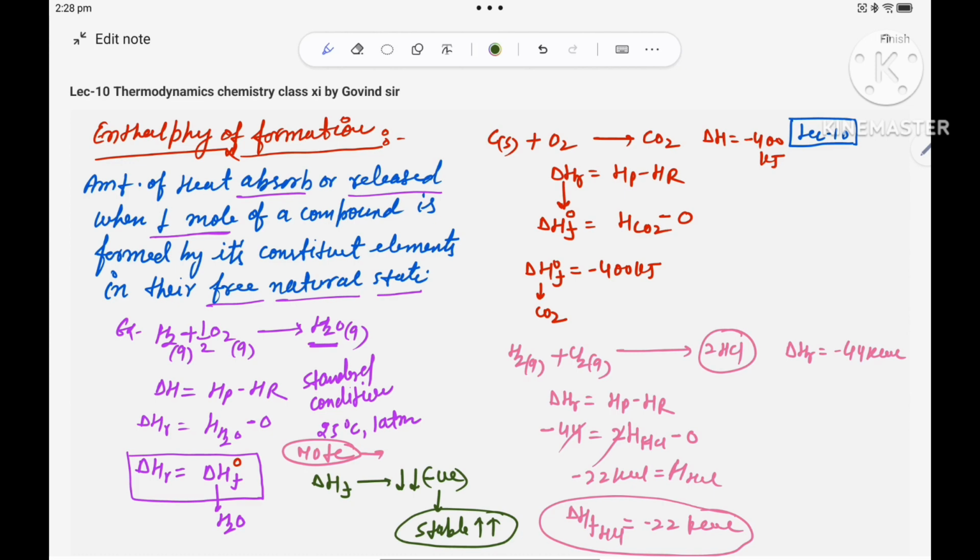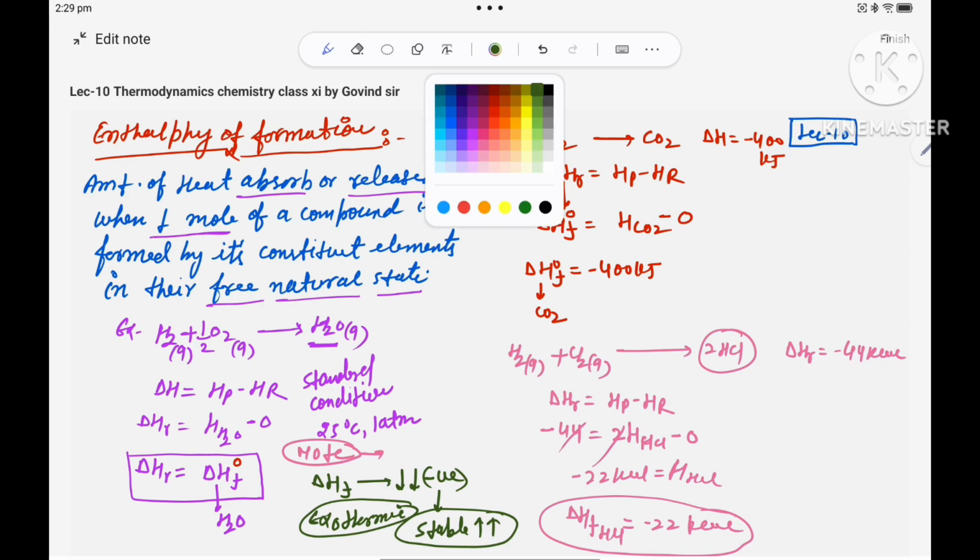So the more energy lost, the more negative the enthalpy of formation, the more stable the state. This is for exothermic reactions, because only in an exothermic reaction is energy released. Okay, so that is it about the enthalpy of formation.